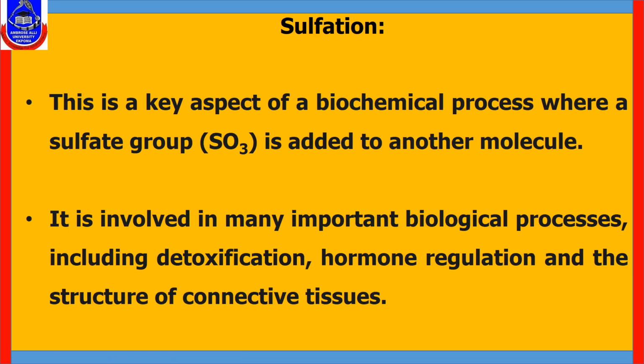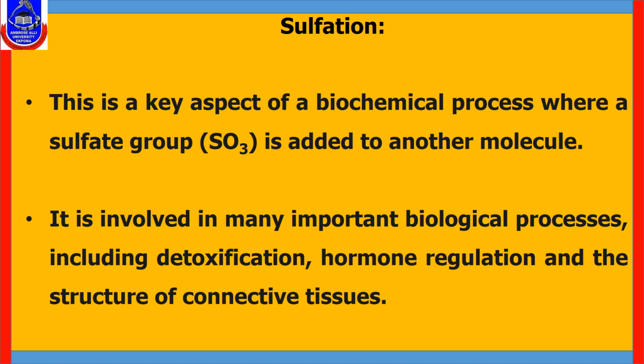Please remember that we are in functionalization reaction, which constitutes the phase 1 reaction we are dealing with. Now, sulfation is a key aspect of the biochemical process where a sulfate group is added to a substrate.